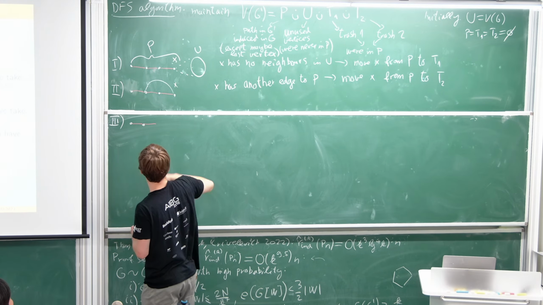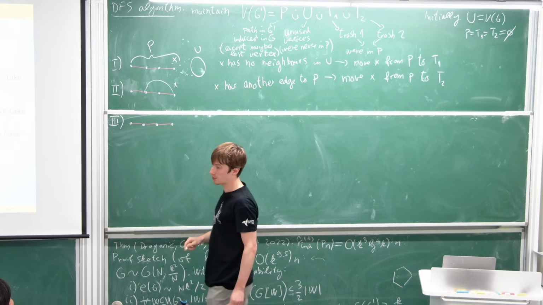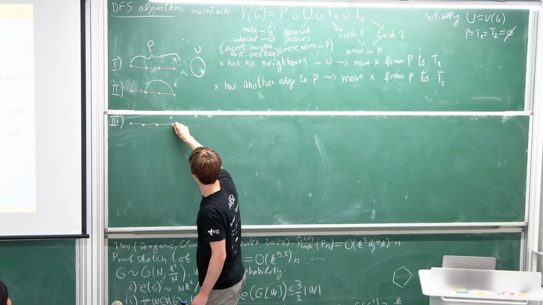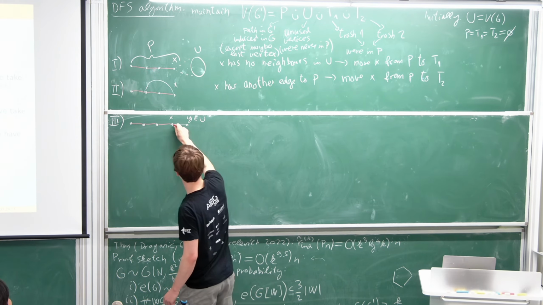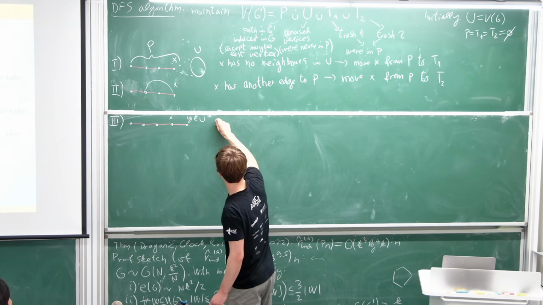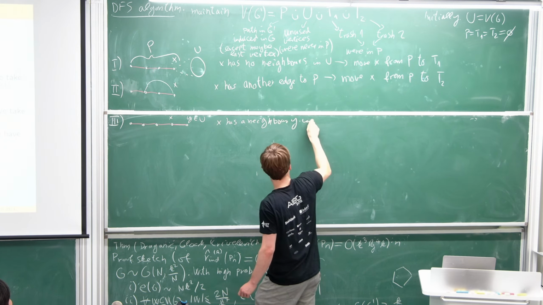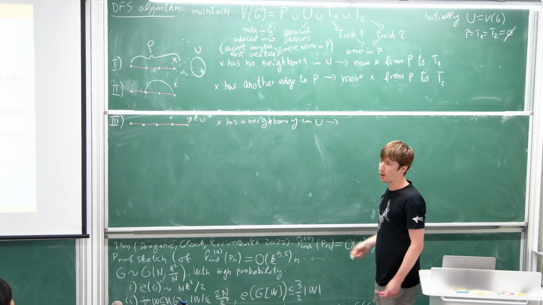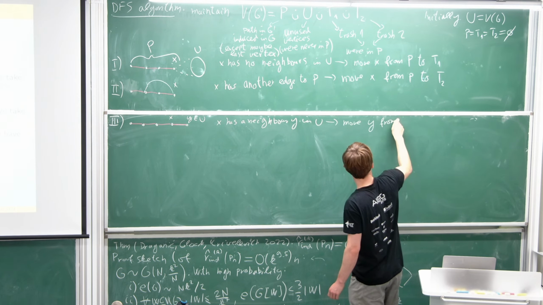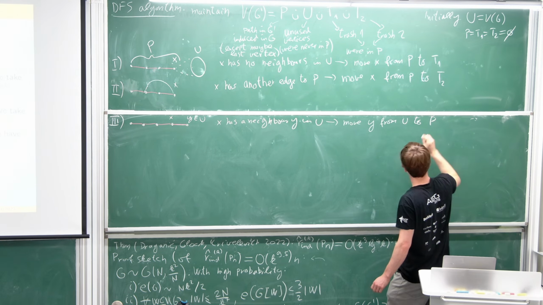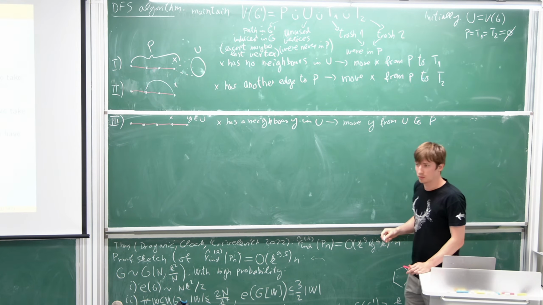So the first two cases did not happen, which means that now the path is induced, even with the last vertex, and the last vertex has some neighbor y in U. Okay, so we extend the path by attaching y. And this is it. Okay.